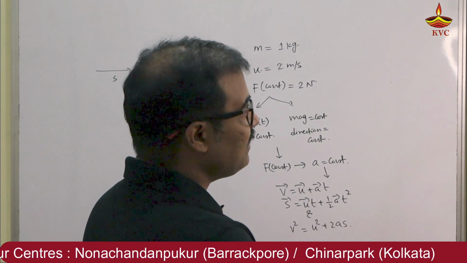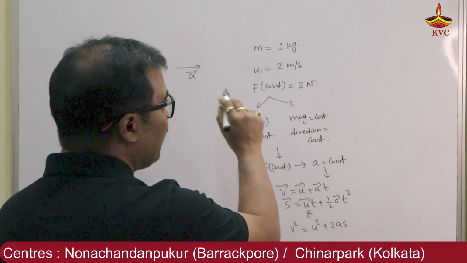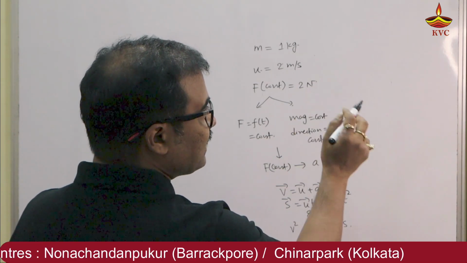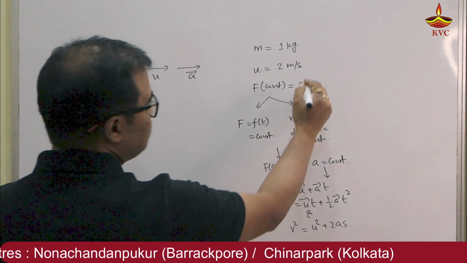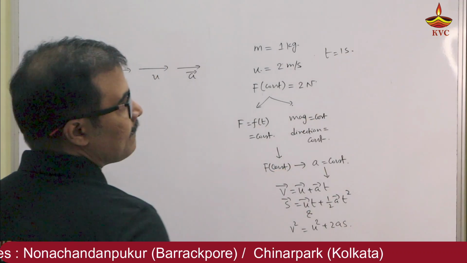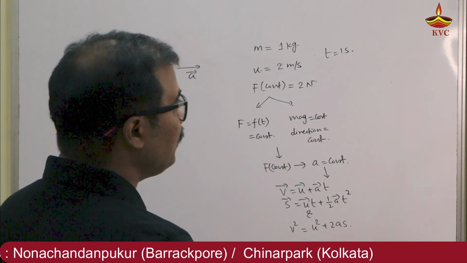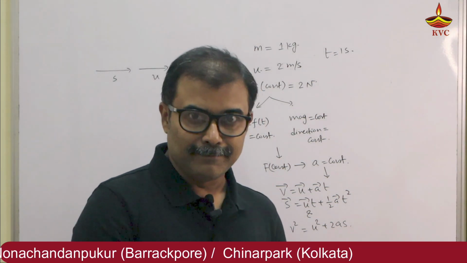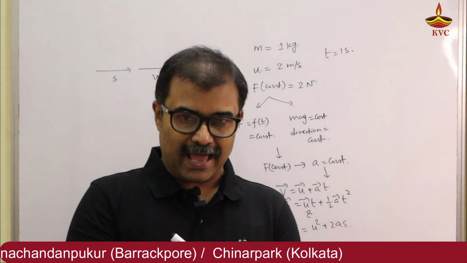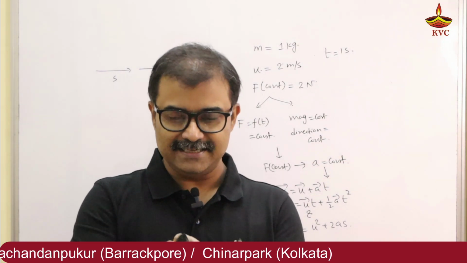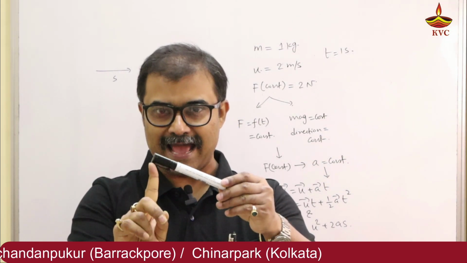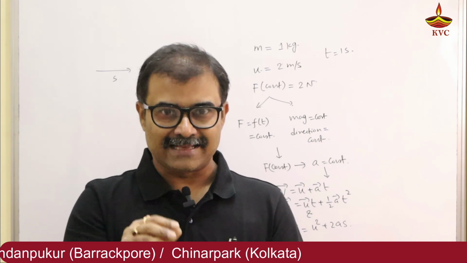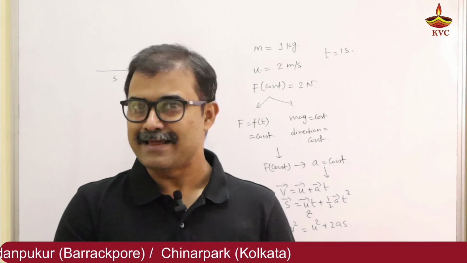this question asks that a constant force of 2 Newton acts on the particle for 1 second, so t is 1 second, in a direction perpendicular to its initial velocity. That's the twist. Now as there is a velocity and the force acts perpendicular, quite obviously the acceleration and velocity are not in the same line.